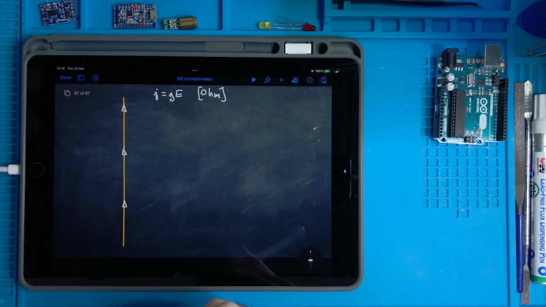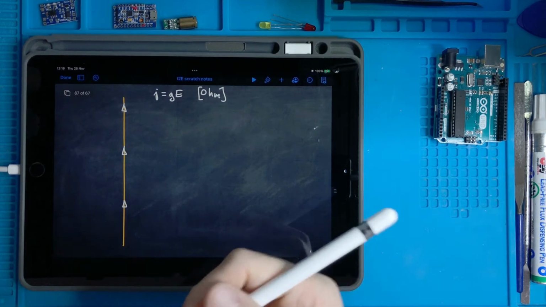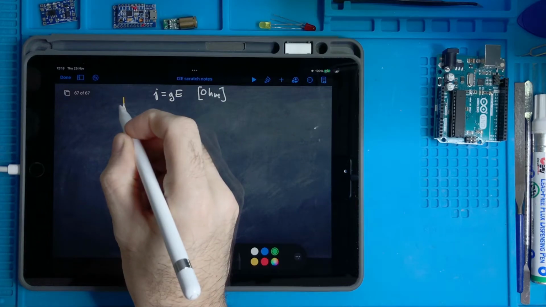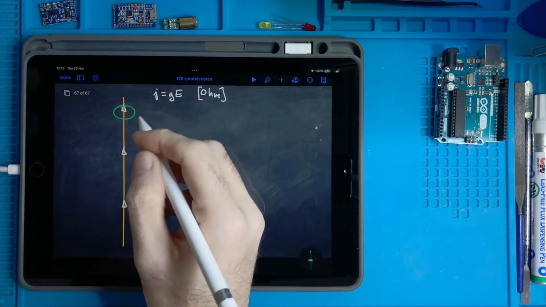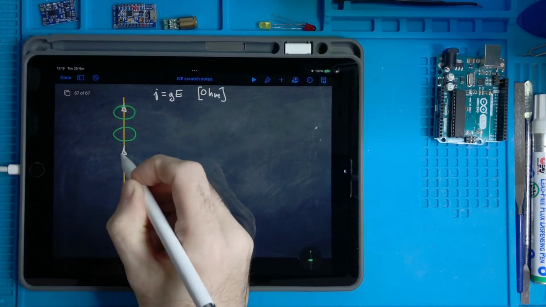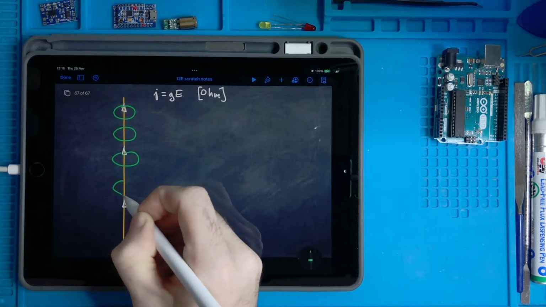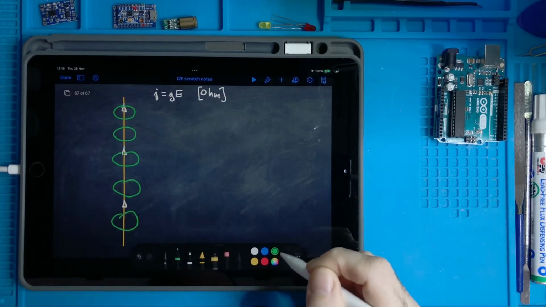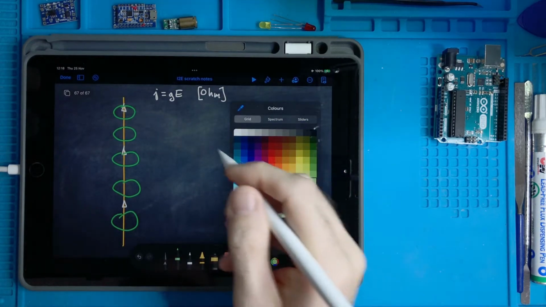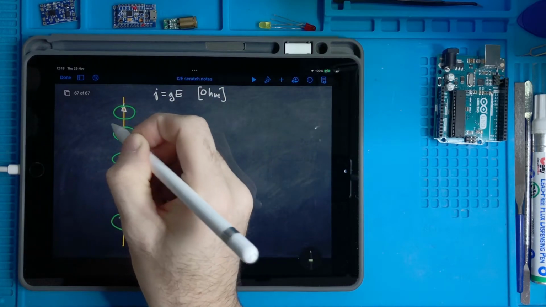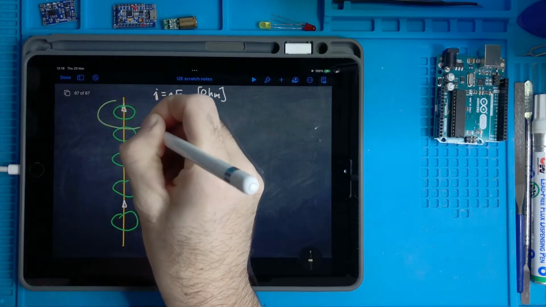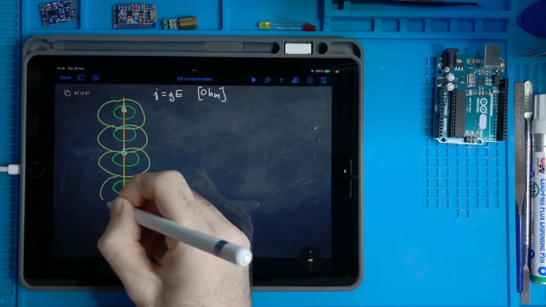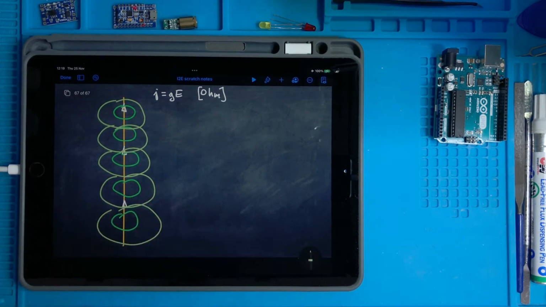But we know that a wire like this will also create a magnetic field. So let's try to draw some lines of the magnetic field. They are closed loops, like this, all around the wire, and with distance the magnetic field becomes weaker. So I draw them in a different color, like this.